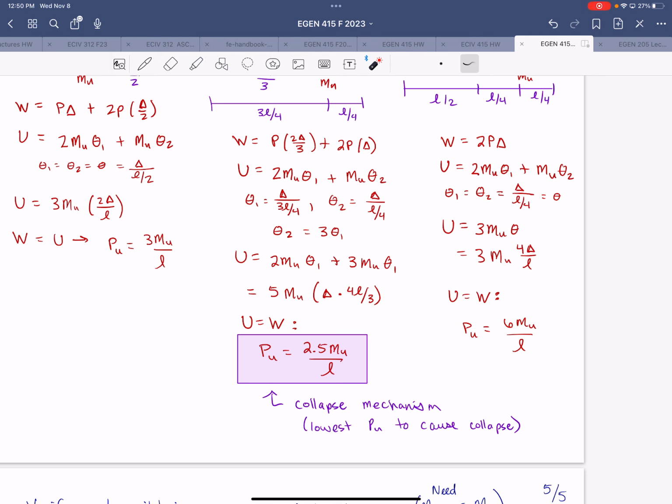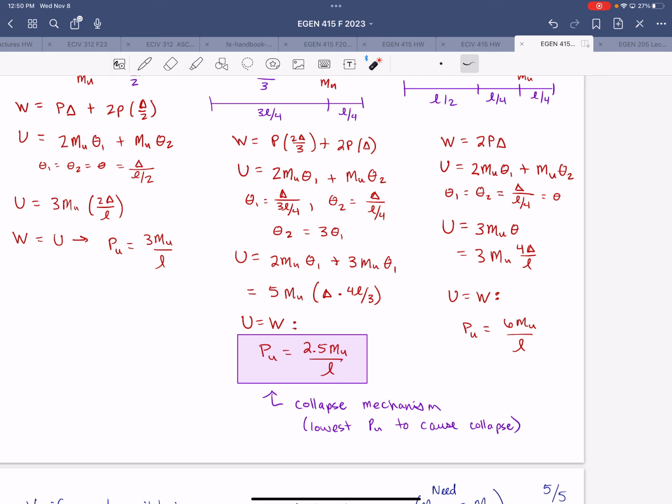And so that tells you this is not the correct mechanism. So that's why it's important to check with equilibrium, because sometimes you might make a mistake and pick the wrong one.